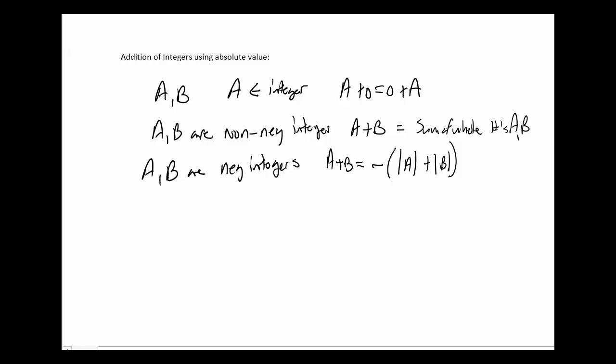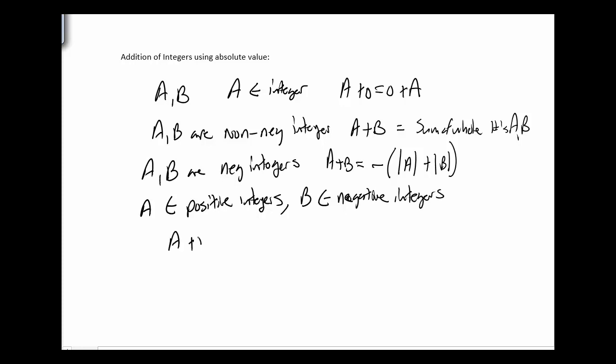And if we add another criteria that a is a positive integer, and b is a negative integer, then a plus b we can define in a couple of different ways.